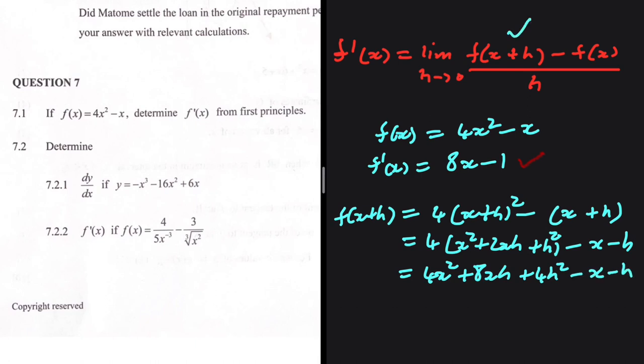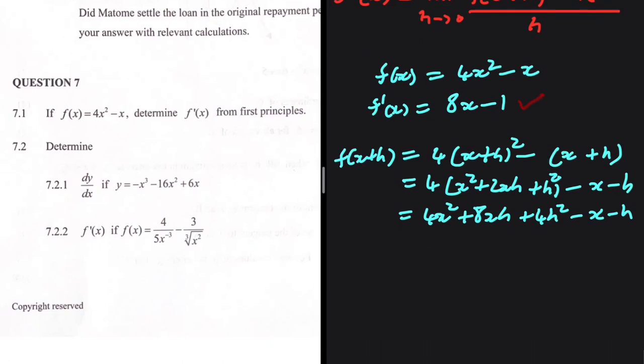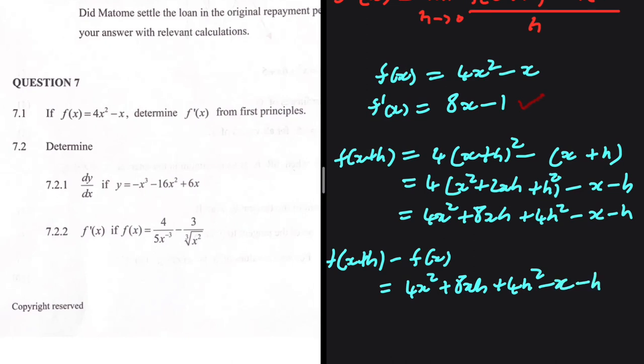We have f of x plus h. Let's go ahead and subtract f of x. So f of x plus h minus f of x will be equal to 4x squared plus 8xh plus 4h squared minus x minus h, everything minus 4x squared minus x.